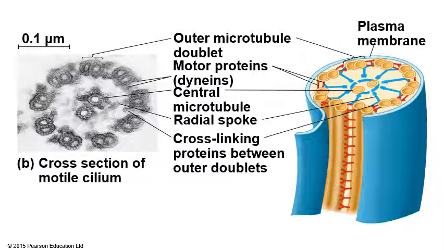In the ring, how many doublets can we see? 1, 2, 3, 4, 5, 6, 7, 8, 9 doublets, arranged in a ring outside, and inside at the center we can see 2 single microtubules.